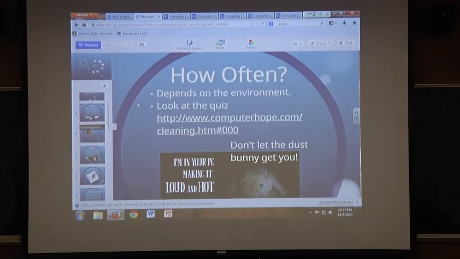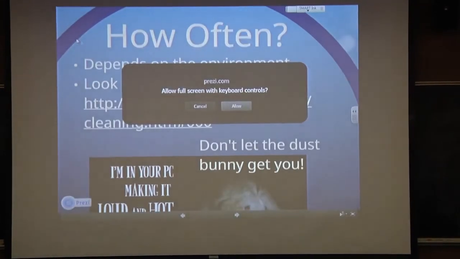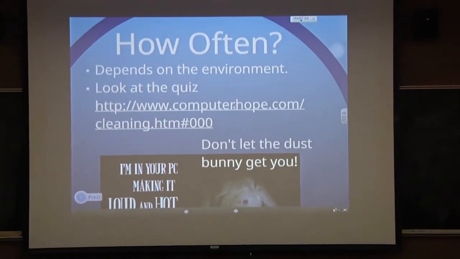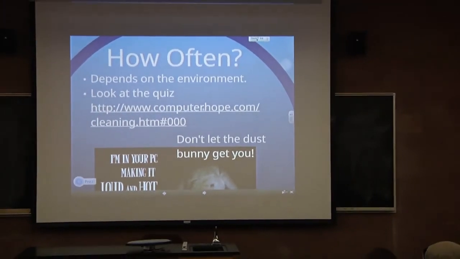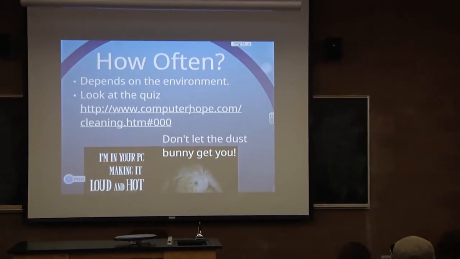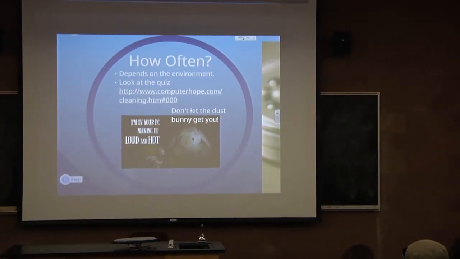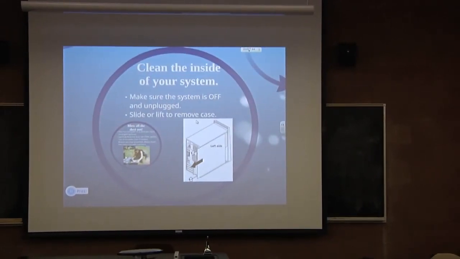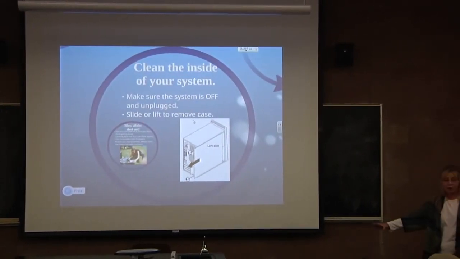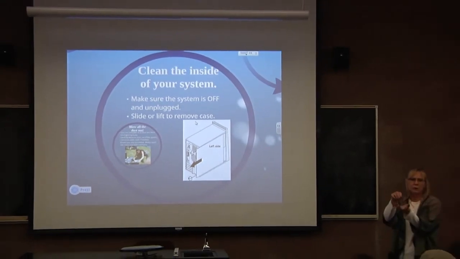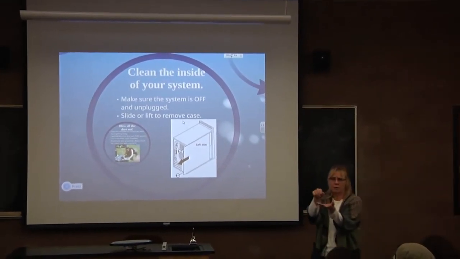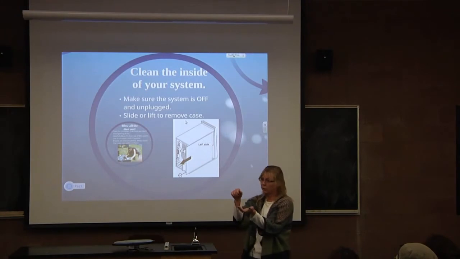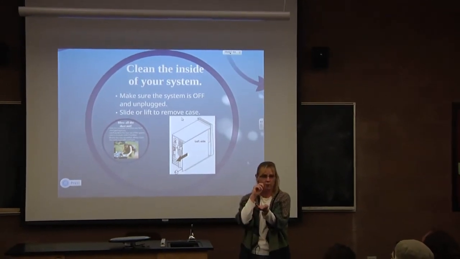So once we determine how often we need to fix this dust issue, how do we fix it? You want to start off by unplugging everything from power, and then it's off. But don't unplug your keyboard, printers, and everything else out of the back of the computer.